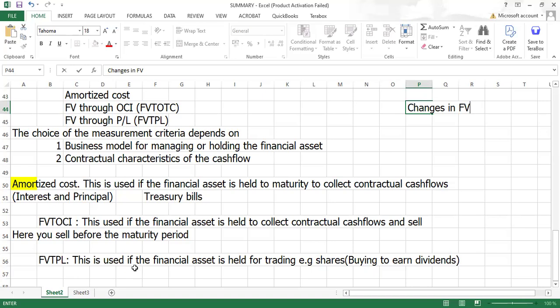If you're measuring at fair value through OCI, then any gain or loss must be recognized under that section of OCI. If you're measuring using fair value through profit or loss, any gain or loss must be recognized under your other incomes, or, if it's a loss, under administrative expenses. That's where the difference is. In case there is a change in fair value, where can you recognize that figure?